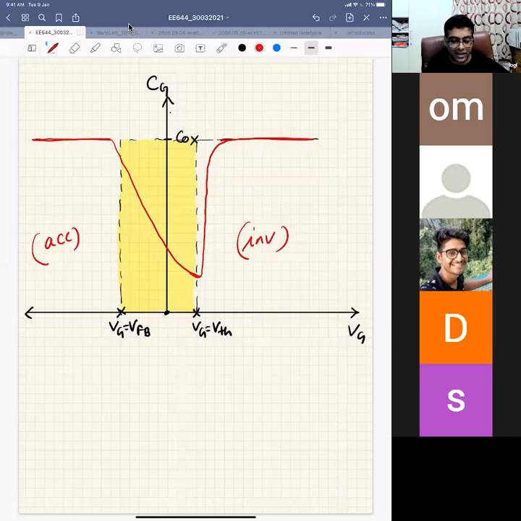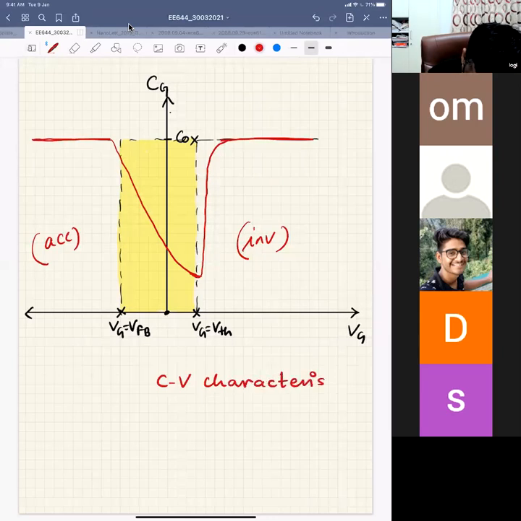And then the moment your capacitor inverts, it will shoot up. So this is your CV characteristics.